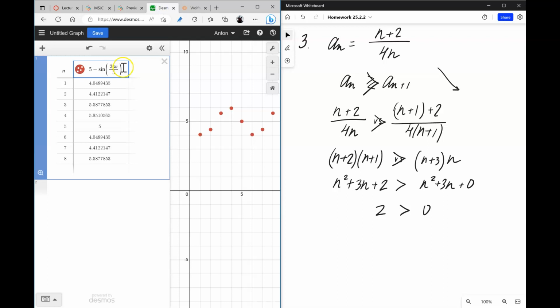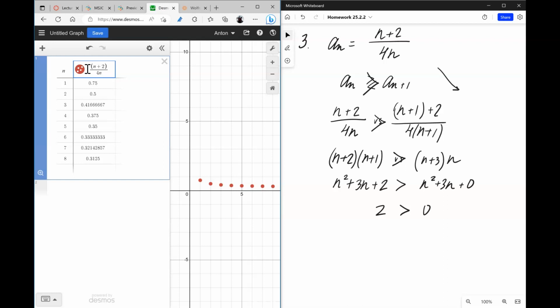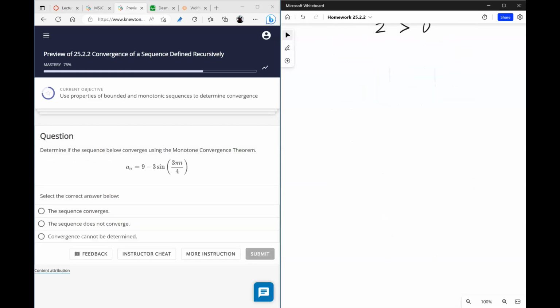You can also see that from the graph. You see how it's constantly decreasing. We have seen this one before.